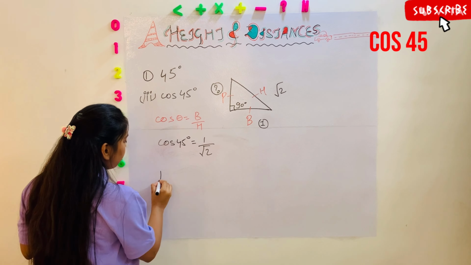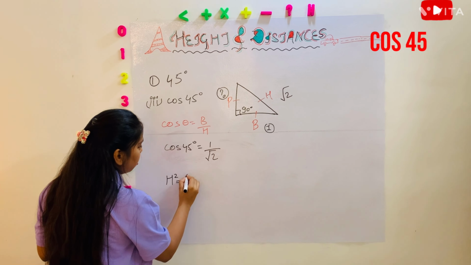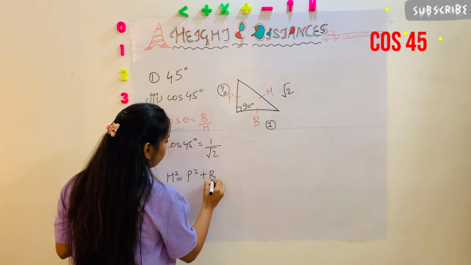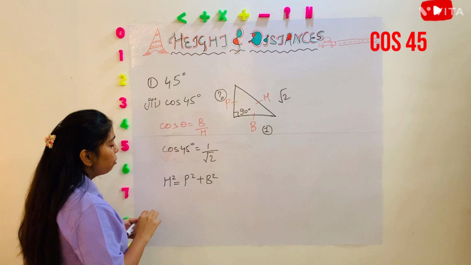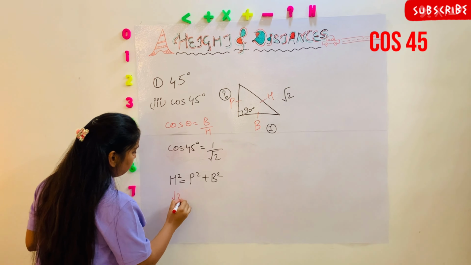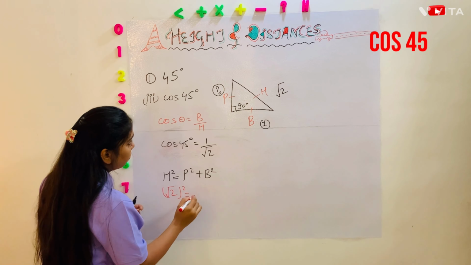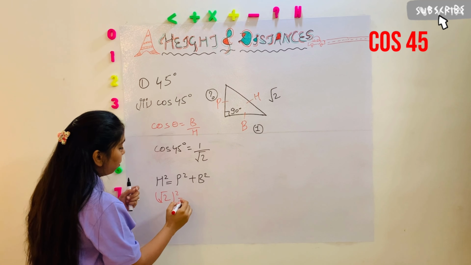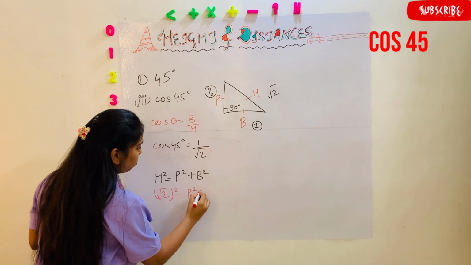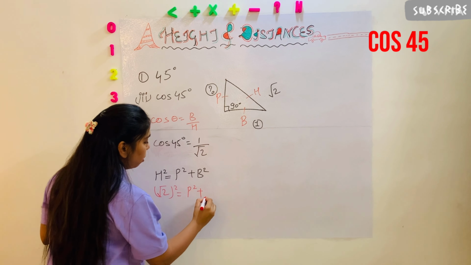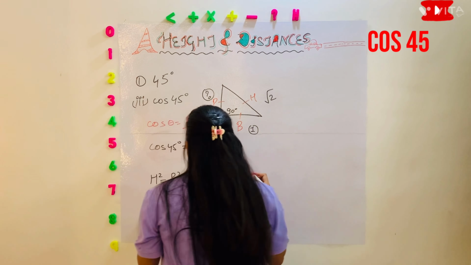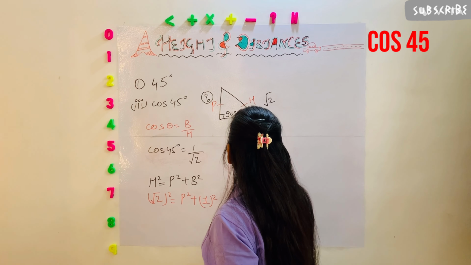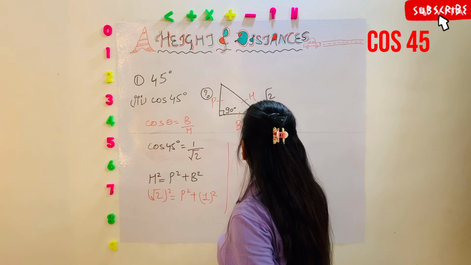So the Pythagoras equation is hypotenuse square is equals to perpendicular square plus base square. Okay. And the value of hypotenuse is under root 2, so here is under root 2 square. And we don't know about the value of perpendicular, so here is perpendicular square. And the value of base is equals to 1, so here is 1 square. So under root 2 square will give 2, and this is perpendicular square.